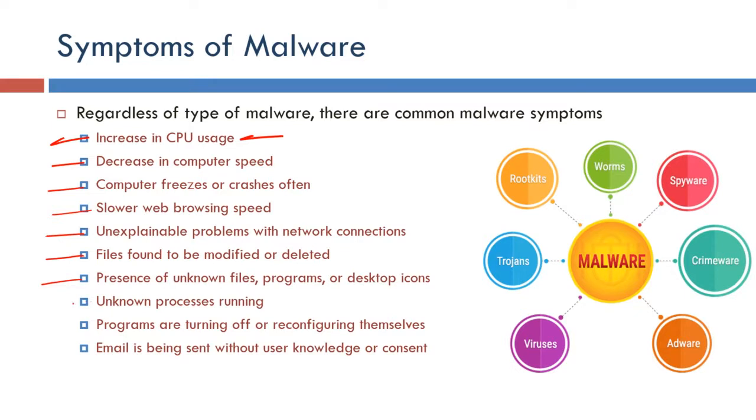Of course, for more advanced users, you can look at the task manager and at the processes that are running. Usually, the process names are difficult to remember and difficult to know. But there are some processes that are taking a lot of resources, and you don't identify them. They are not Windows processes.